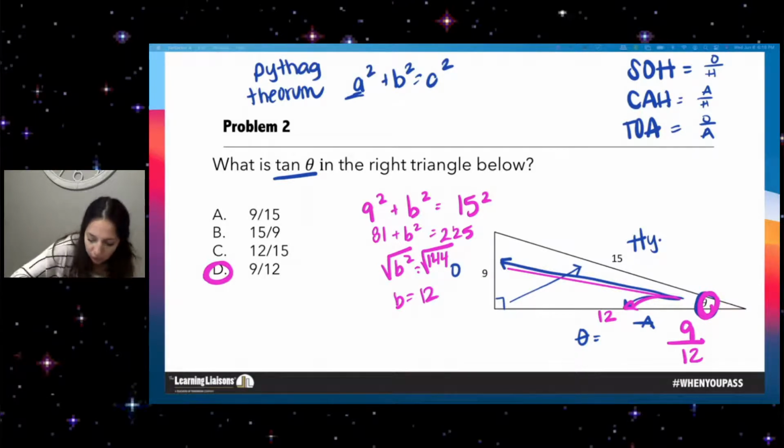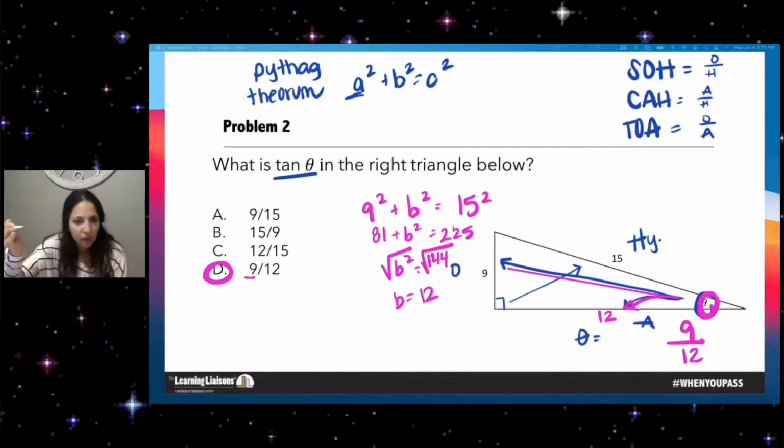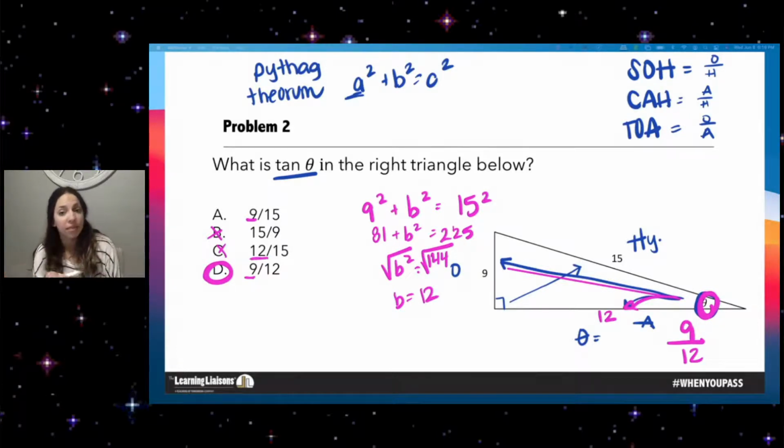Well, I know that 9 has to be on the top of my fraction, which immediately eliminates B and C, because B is hypotenuse over opposite, which isn't even sine, cosine, or tangent. It would be the inverse of sine or cosine or tangent, but it would not be sine, cosine, or tangent. C is 12, and we didn't know at the time that that side was 12, but that's certainly not opposite. So I know it has to be A or D.